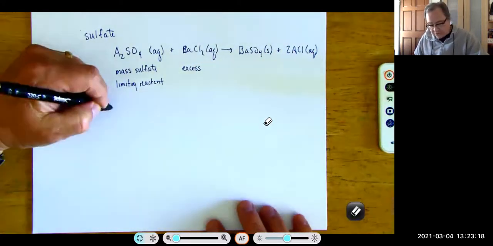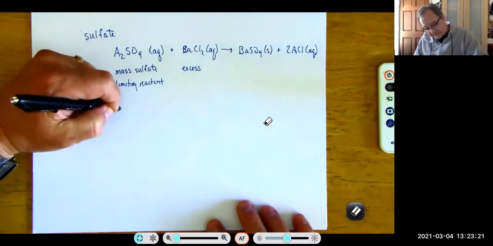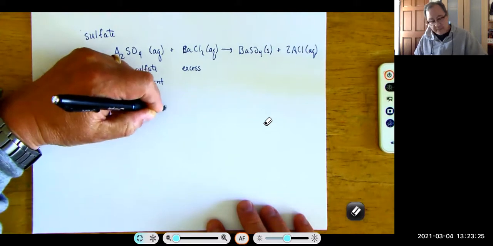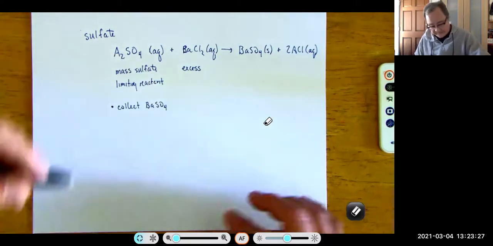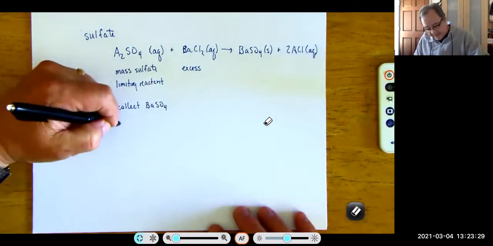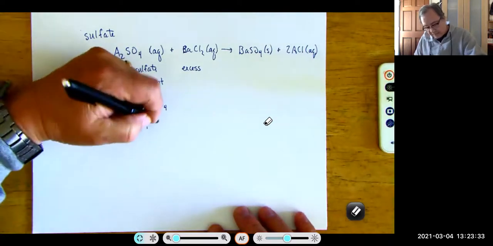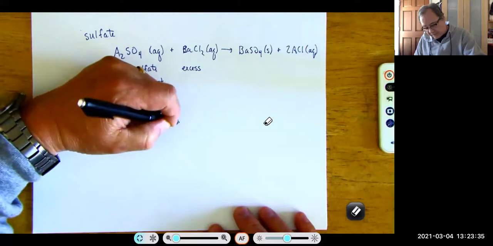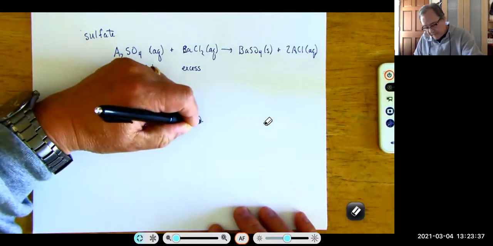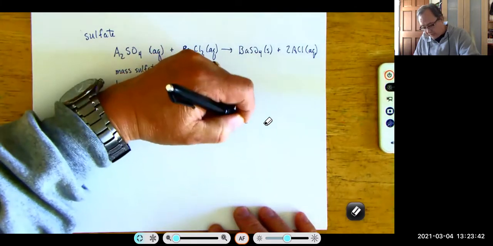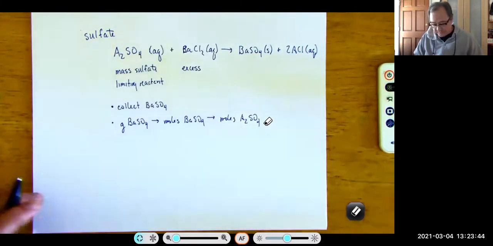And what you do is you collect the barium sulfate, and then you weigh it. And from the mass of the barium sulfate, you can figure out the moles of barium sulfate, and you can figure out the moles of A2SO4 from your balanced reaction.